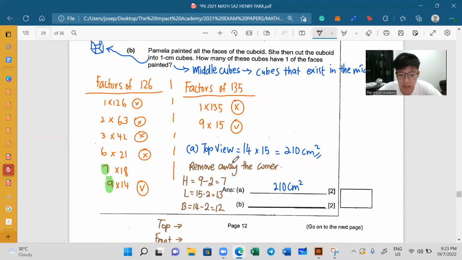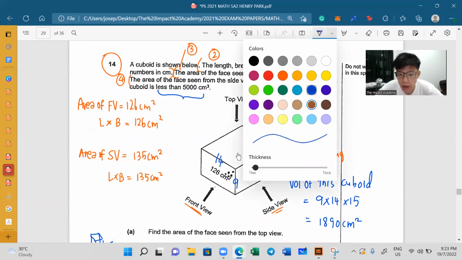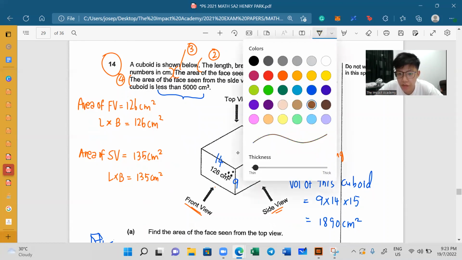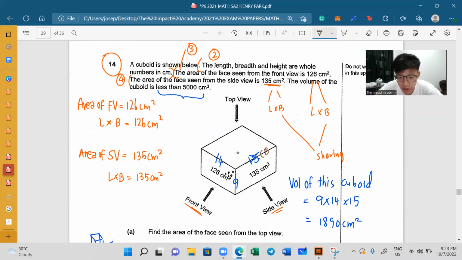Let's talk about the top first. Now, the top is no longer 15 times 14, isn't it? Because 15 is now changed to 13. Remember just now I showed that it is actually in the middle. It is no longer 15, but 13, and 14 is no longer 14, but 12.